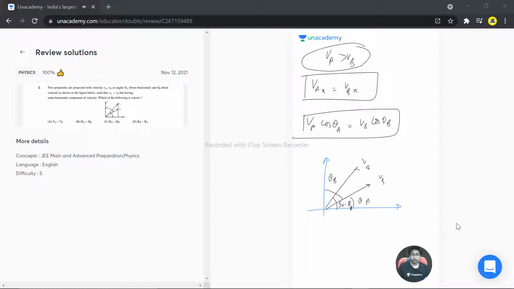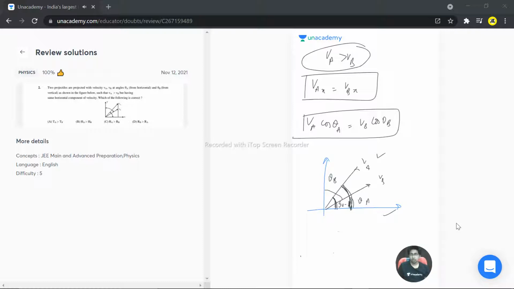A is making theta A with the horizontal, and B is making 90 minus theta B with the horizontal. So how can I write their horizontal velocities?